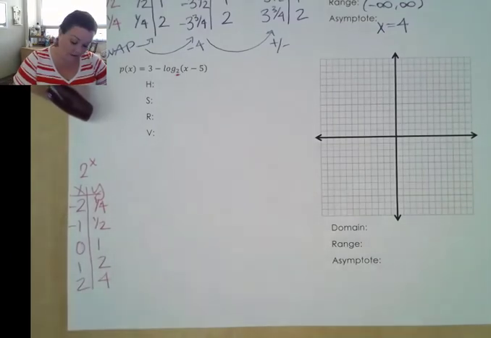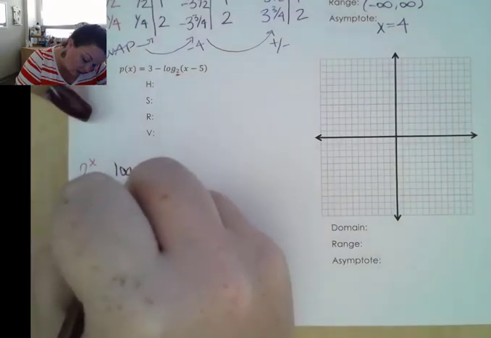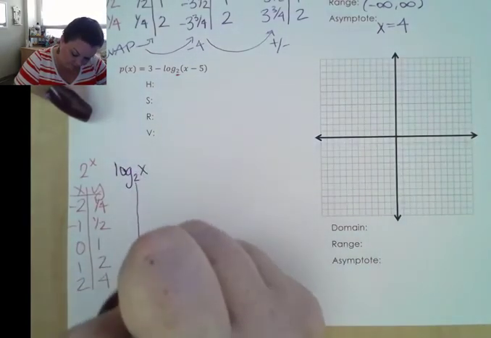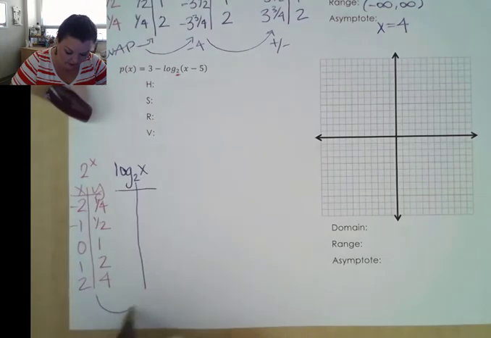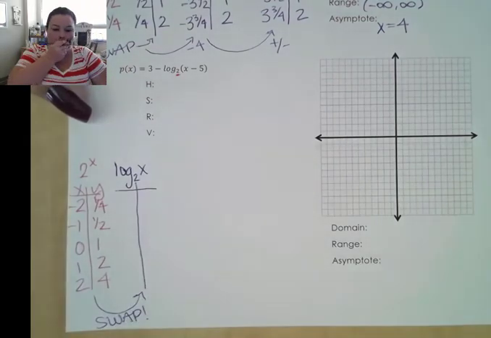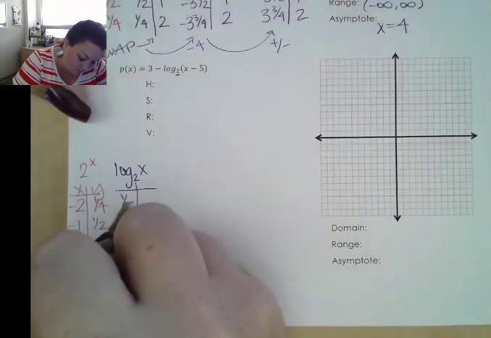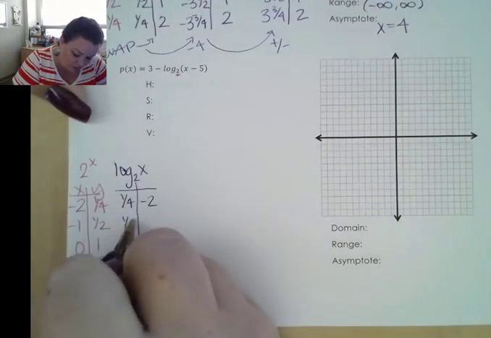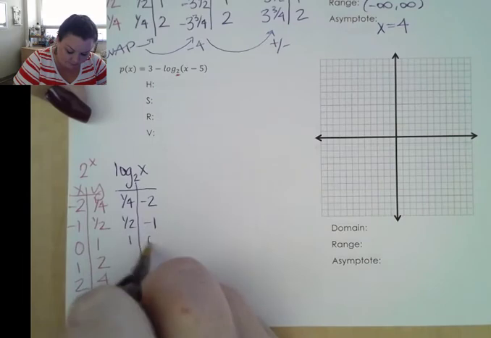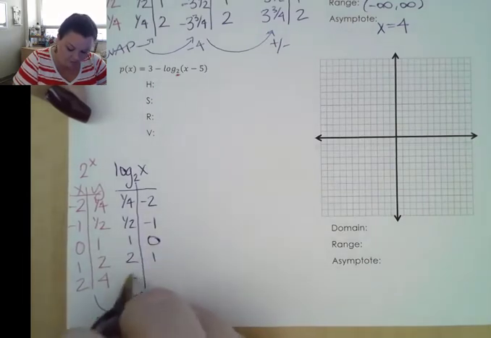Okay. Then we're going to swap to get our log parent function. So we take all the values and just swap them. So now we have the points (1/4, -2), (1/2, -1), (1, 0), (2, 1), (4, 2).